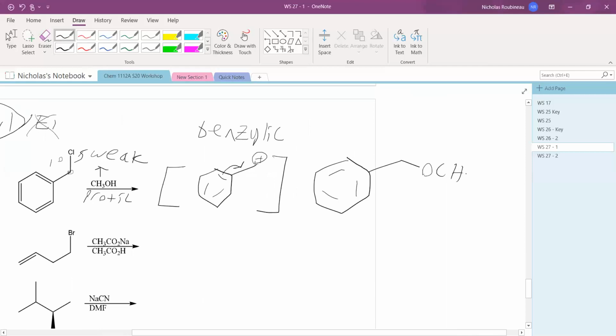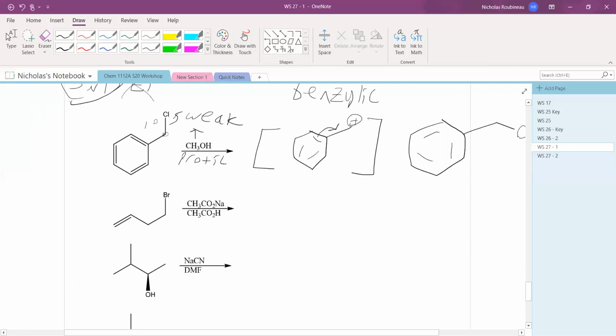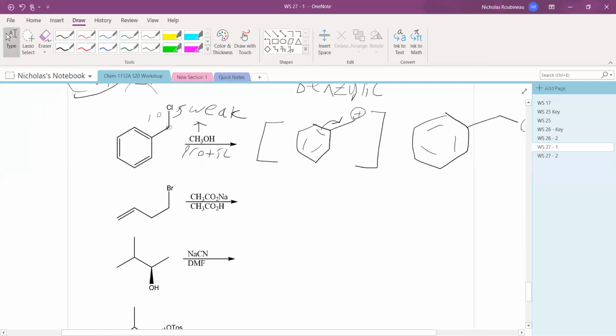So we get E for product. What about this second one? What kind of mechanism is it going to do?